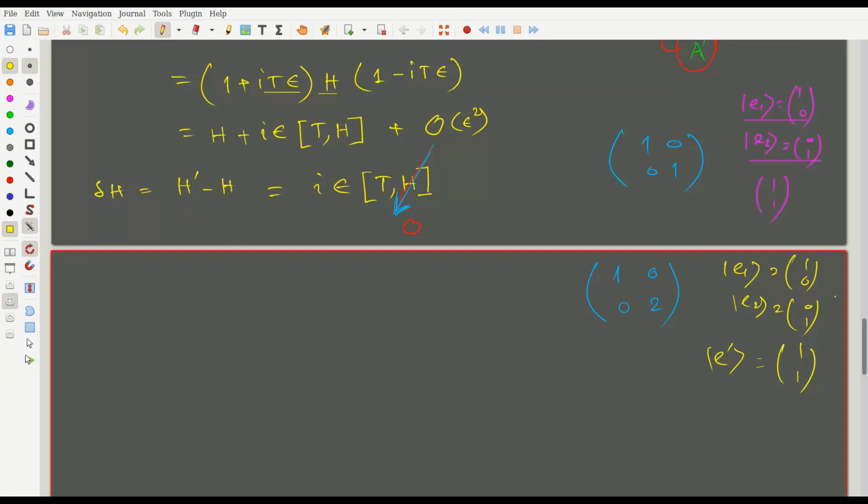This is also a combination of E1 and E2. These columns are also represented by E1 and E2. This is 2 times E2. Yes.